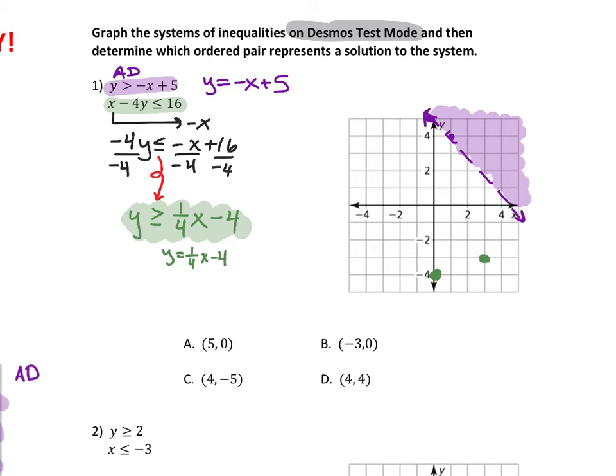But since you have a greater than or equal to sign, that is going to be graphed above with a solid line. So we can take our protractor or our straight edge of sorts, and we can draw a straight line through all of the coordinate points. Wasn't great. And again, we're going to shade above.